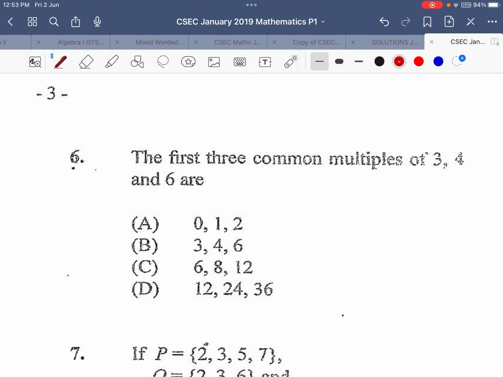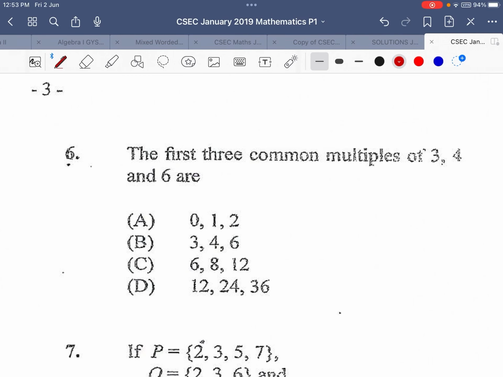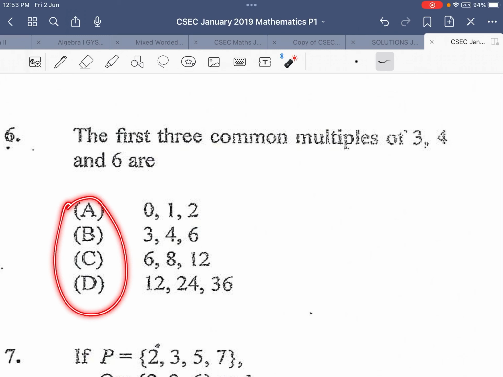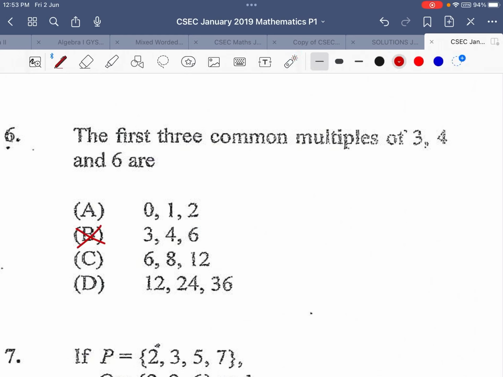Okay, question 6, the first 3 common multiples of 3, 4, and 6 are, so if we look at our listing, it's going to be multiples of all of them. So 3 is not a multiple of 4, so B is out. 0, 1, and 2 are all less than the numbers, so they cannot be multiples.